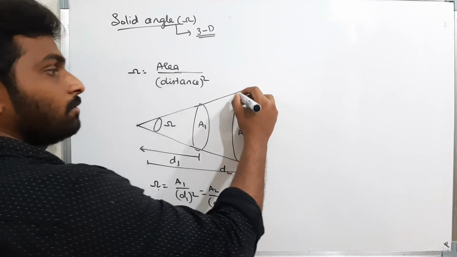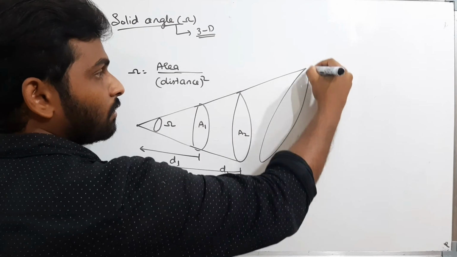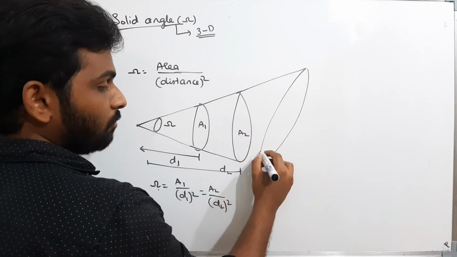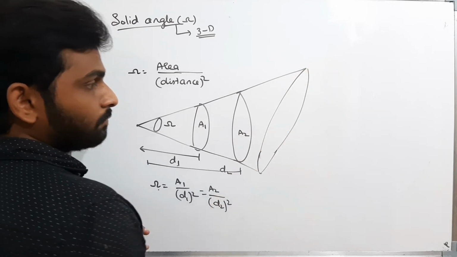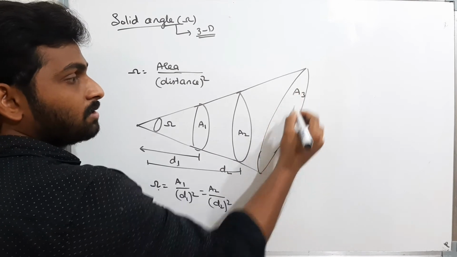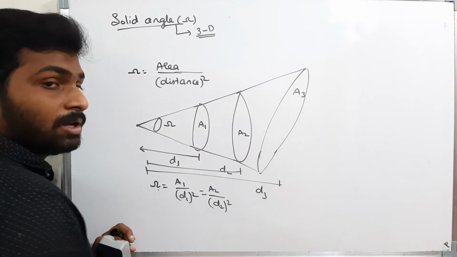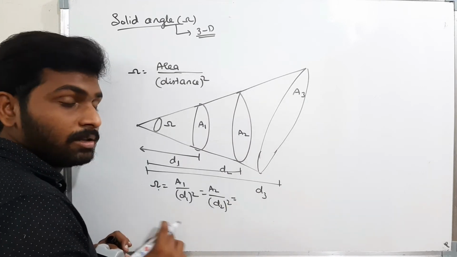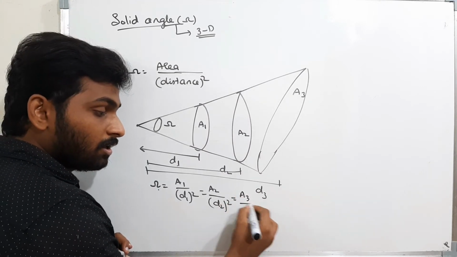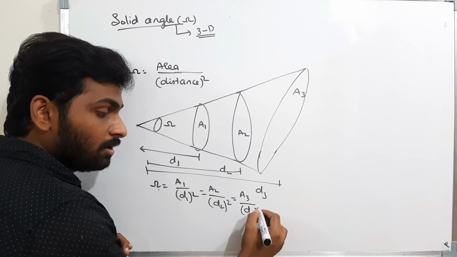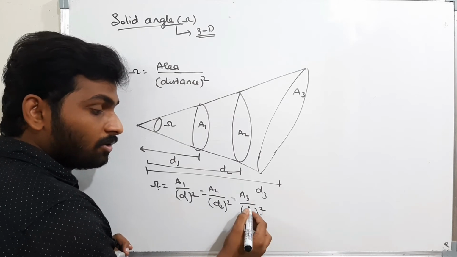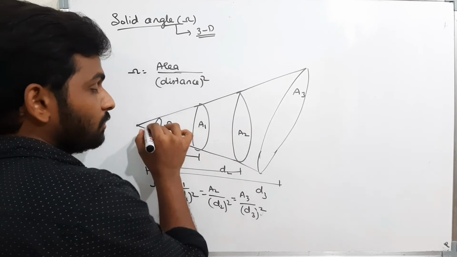Now I can take one more. Now the area is A3 and the distance is D3. Now see here, what is the solid angle? Solid angle is not A3 by D3 square. This is not the solid angle. The angle is here.